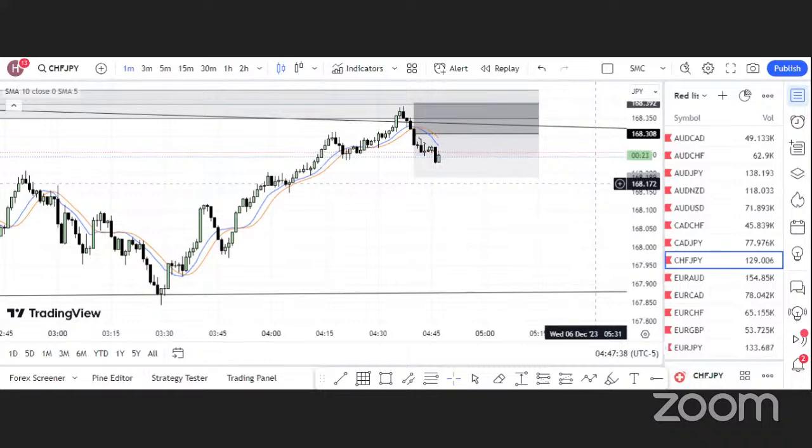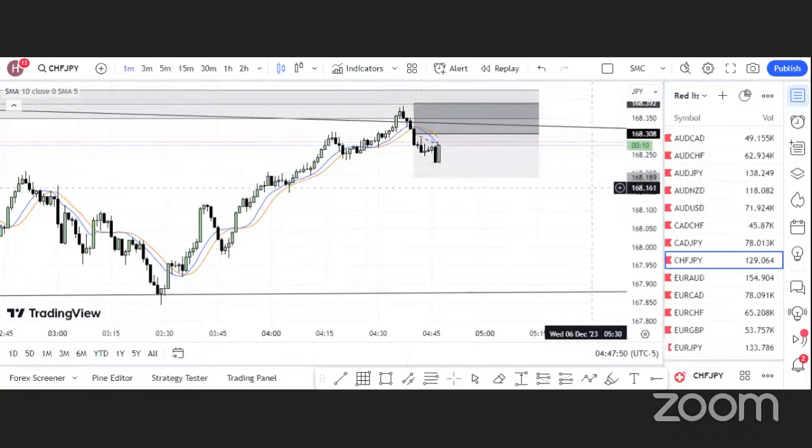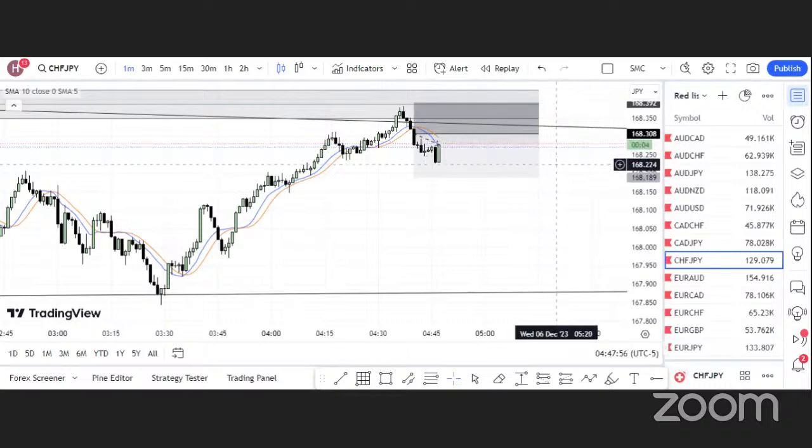So we can forget about this and move on, all right? If this candle closes with this big bullish candle, we are going to close the position.